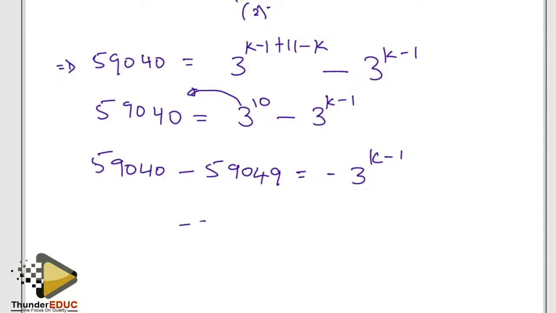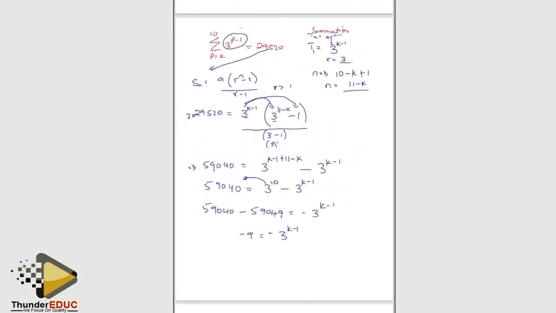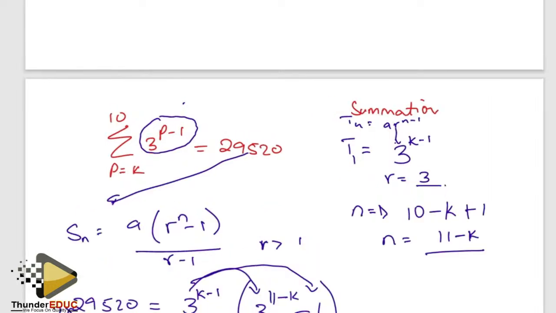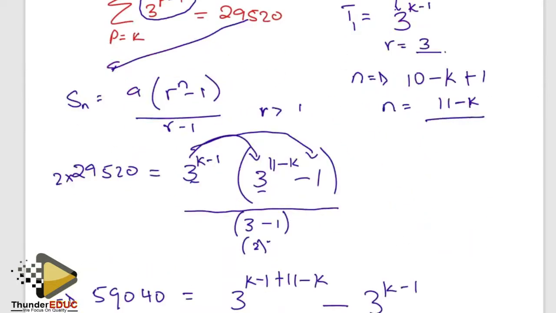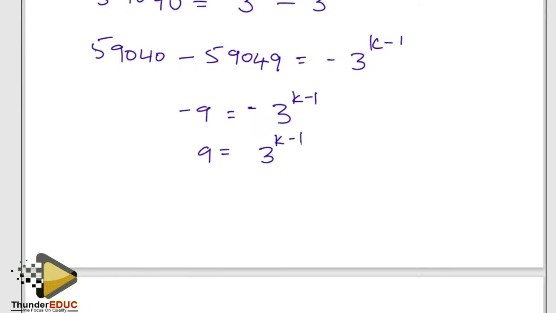So I'm going to have a negative 9 left here, having a negative 3^(k-1). Divide both sides by a negative. I'll be left with 9 is equal to 3^(k-1). Let's just increase that so that everyone can see.